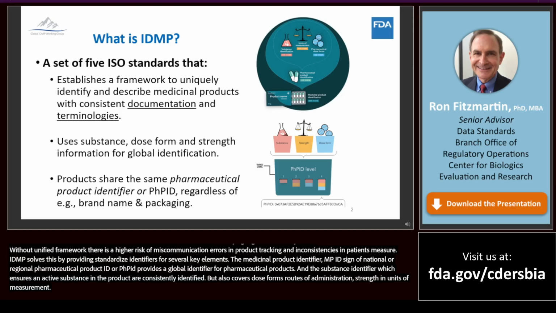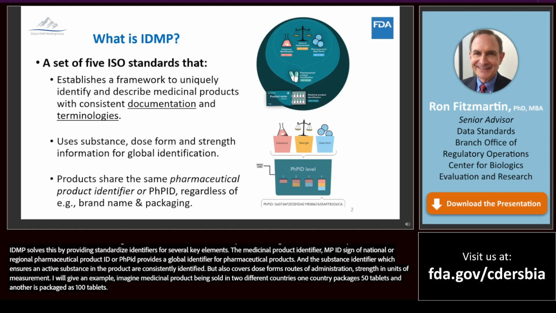To give an example, imagine a medicinal product being sold in 2 different countries. In one country, it's packaged as 50 tablets, and in another, it's packaged as 100 tablets. The national or regional MPID and the package ID, or PCIDs, would differ, but the global PhPID and the substance identifier remain the same, ensuring consistency in the identification of the product itself.